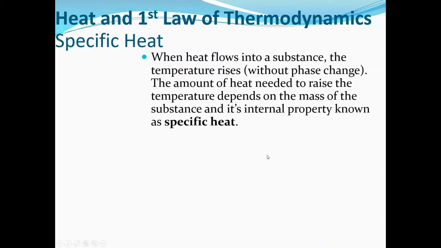All right. We have a thing called specific heat. The best way I can describe it in layman's terms is that specific heat refers to how resistant an object is to changing its temperature. So heat flows into an object, and that's going to cause its temperature to change.